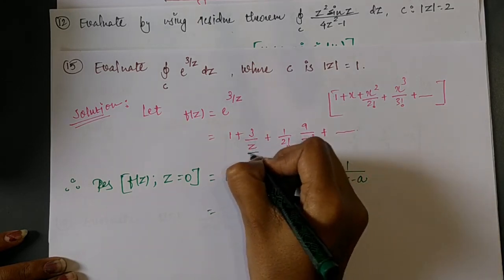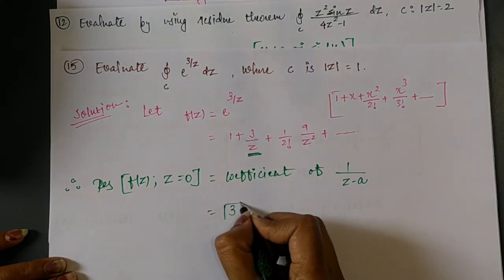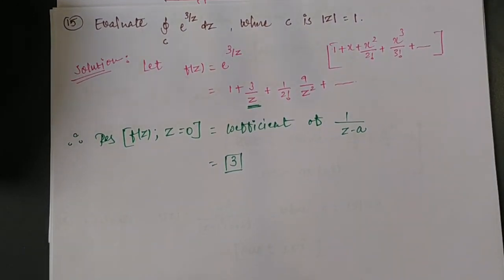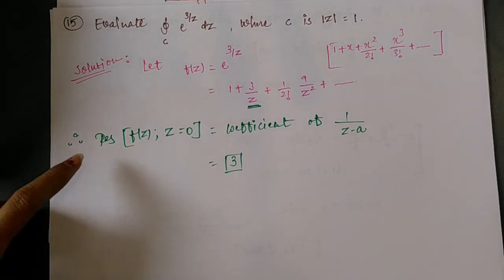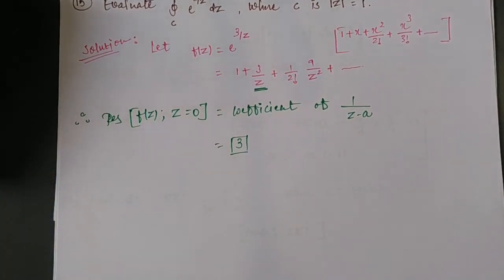So here you have to write the coefficient of this function, and the coefficient we get is 3. Here you don't get a simple pole or a pole of order m, so you can't use type 2 and type 3. You have to do type 1 only, and by using type 1 you find its residue here.